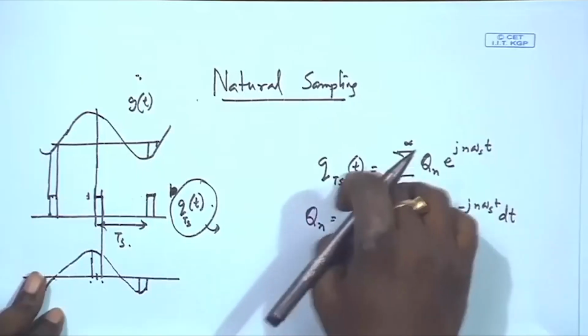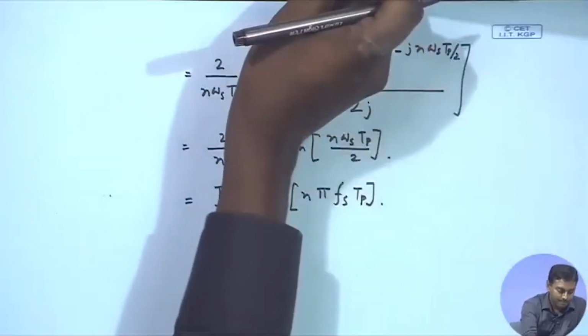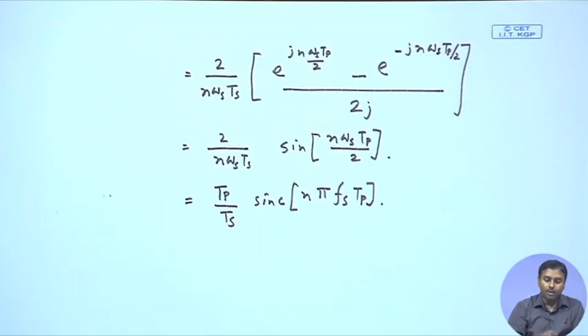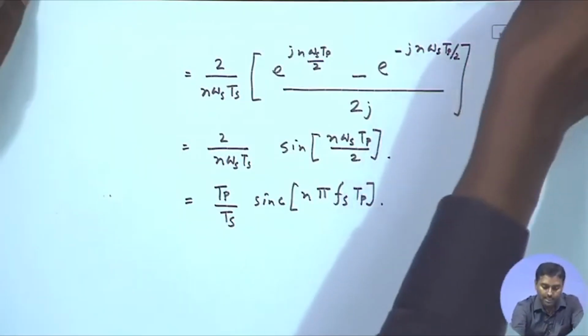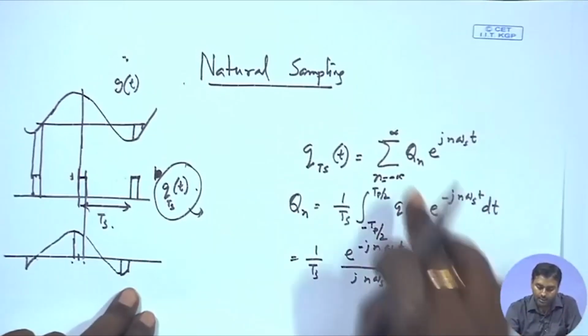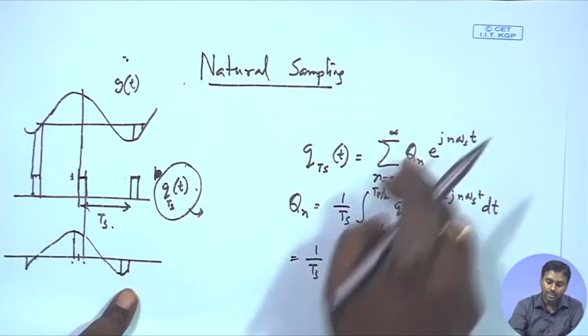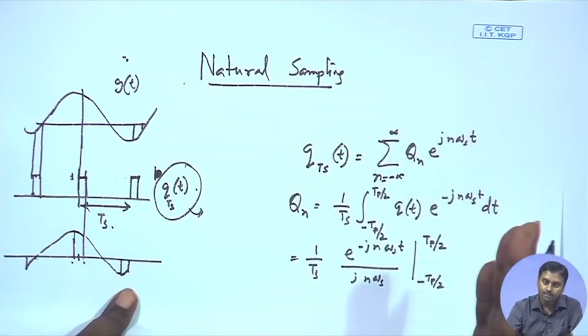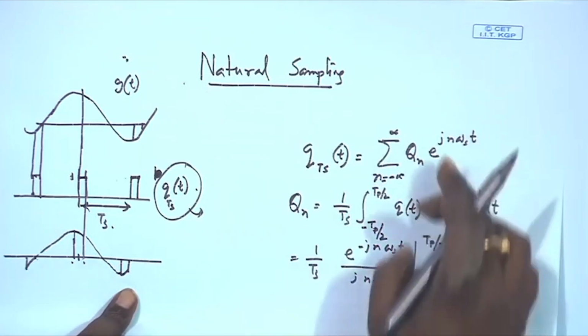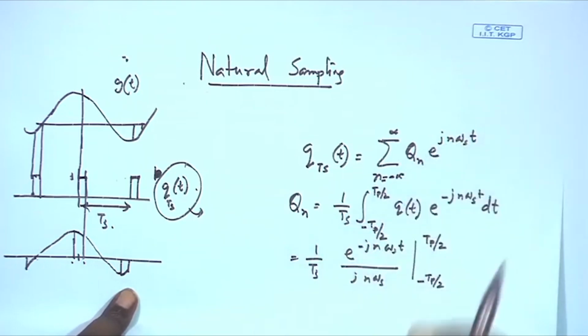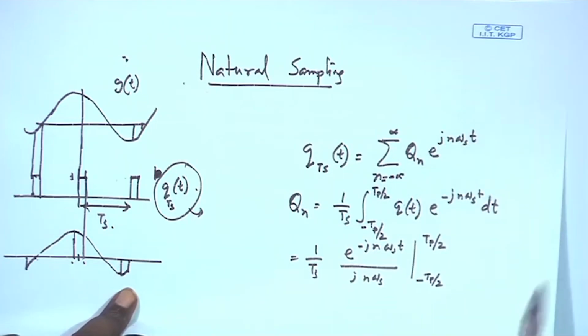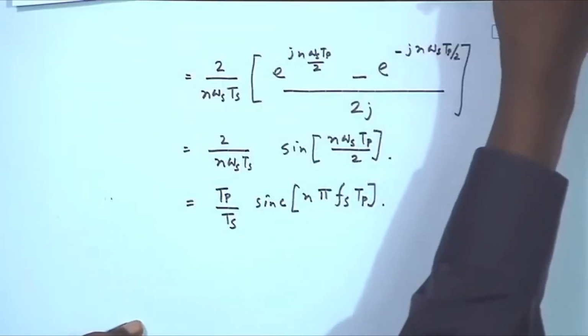Now, we have got our q(t). So, what will be the corresponding frequency response, because q(t) is nothing but this sum of q_n e to the power j n omega_s t from minus infinity to plus infinity? They will just become impulse functions in the frequency domain at those frequencies n omega_s or n f_s. Okay.